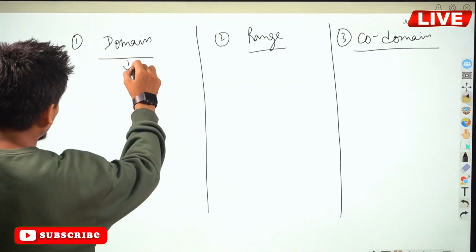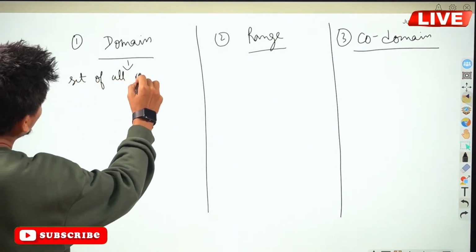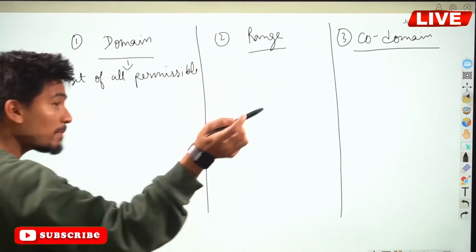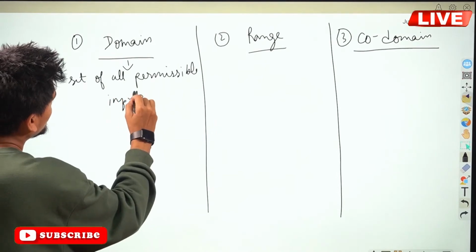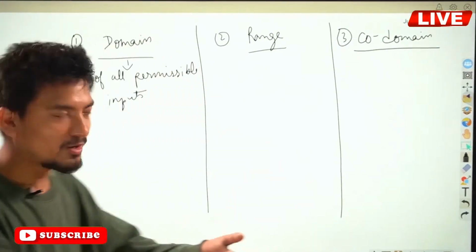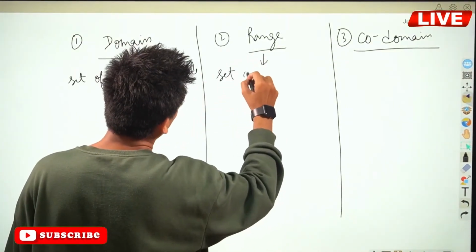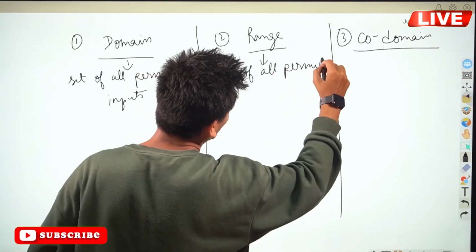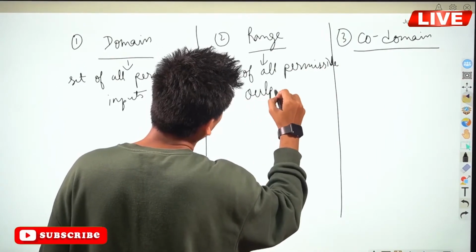So what is domain? Domain means the set of all permissible inputs, that is, what is permitted. So whatever inputs we are providing. Okay. Range means the set of all permissible outputs. That means what is only permitted, right?